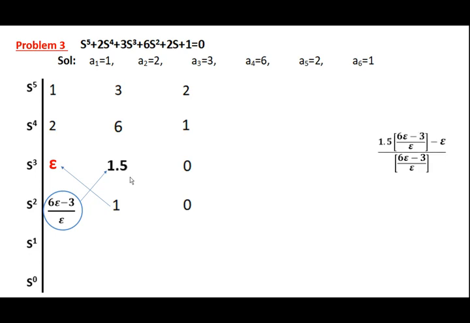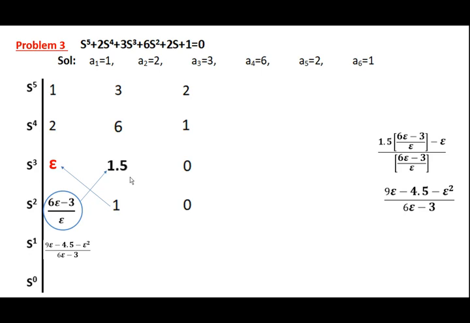So like this we get a complex value. So instead of taking this larger expression, we can simplify this first by taking LCM and all. So we'll get (9 epsilon minus 4.5 minus epsilon squared) divided by (6 epsilon minus 3). So we can write this expression in place of the s^1 row. That is the first element of the s^1 row.